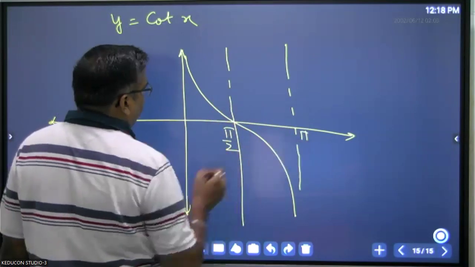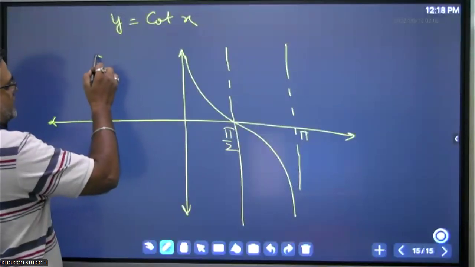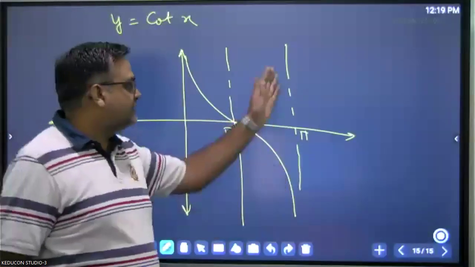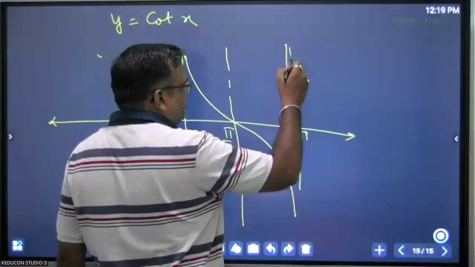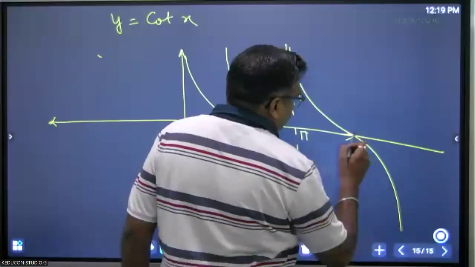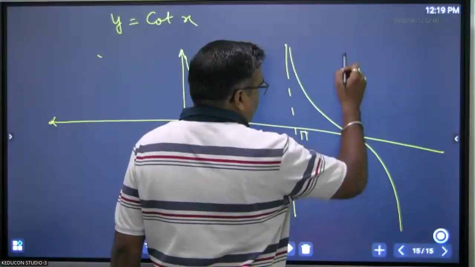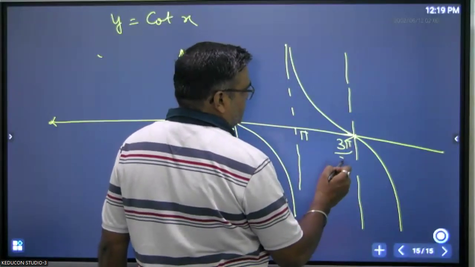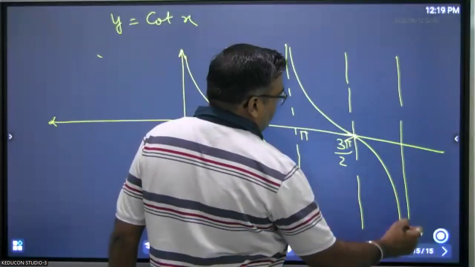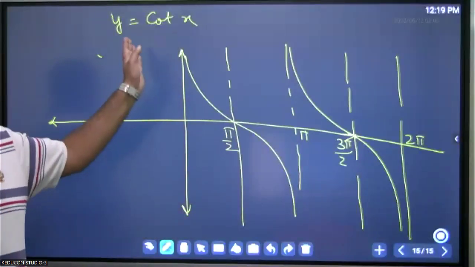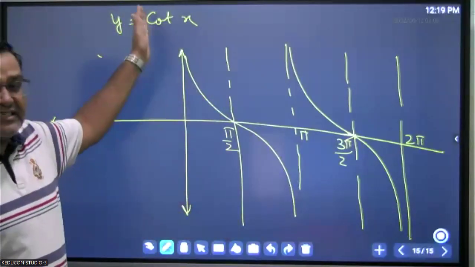This is pi, right? So it goes like this. First quadrant positive, second negative, third will be positive, it will be like this. This will be 3 pi by 2. This will be 2 pi. Again, the values lie from minus infinity to plus infinity.